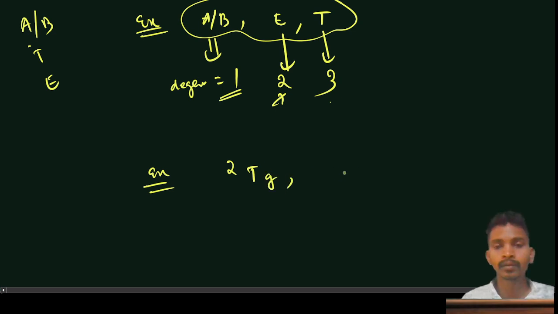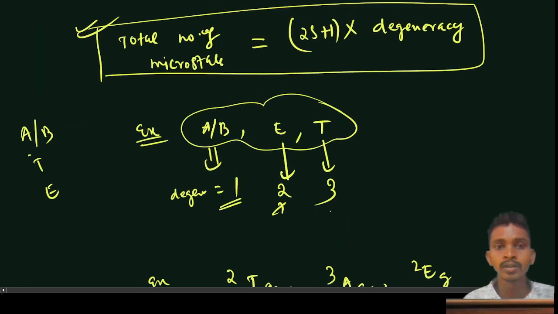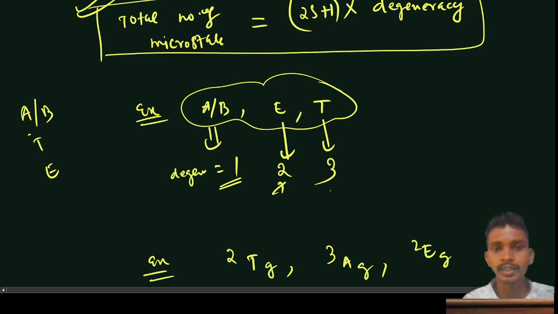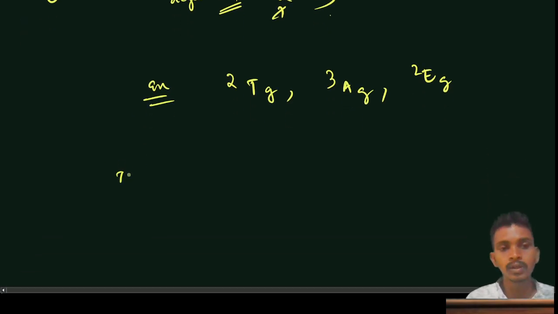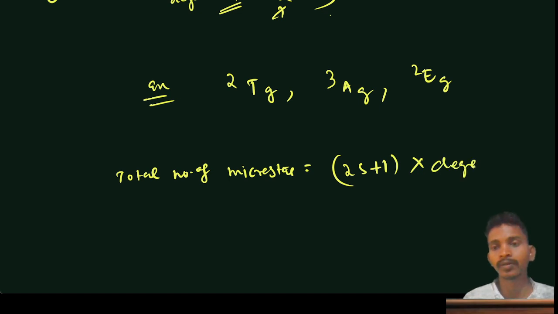Let's say if I take examples, let's say 3T2g, 3A2g, and 3E2g, whatever microstate will be given. For that case, what will you use? The formula for the total number of microstates will be 2S plus 1 into degeneracy.